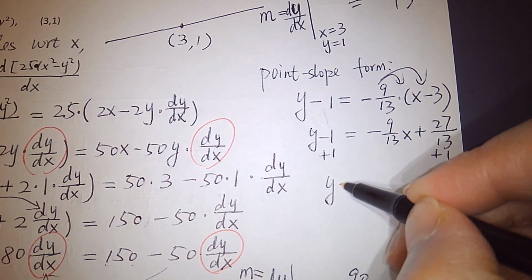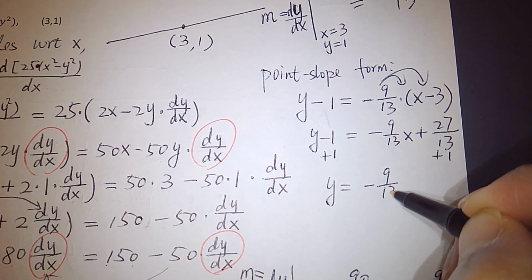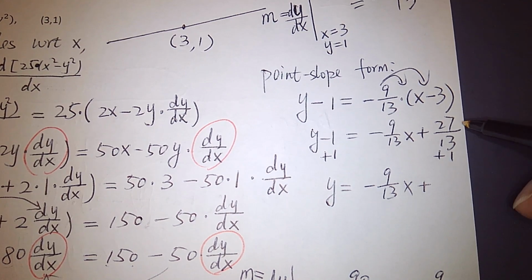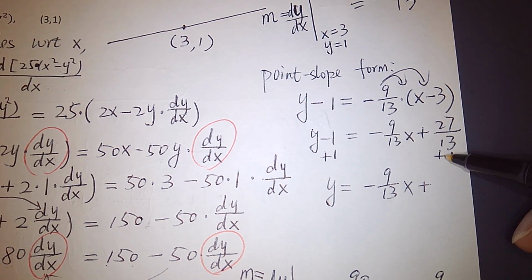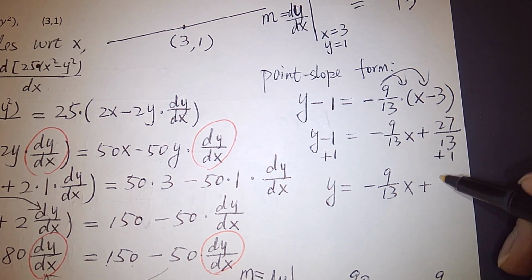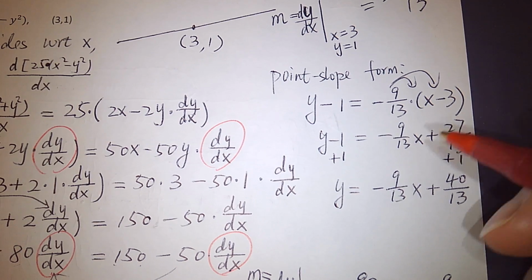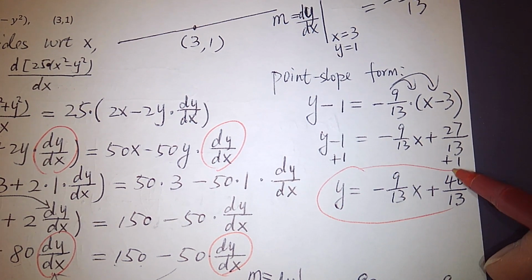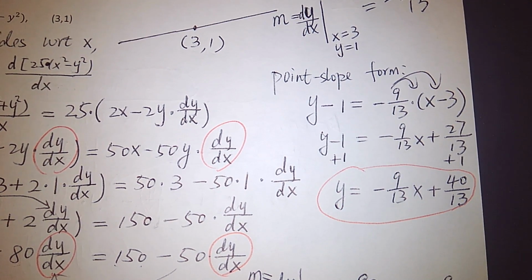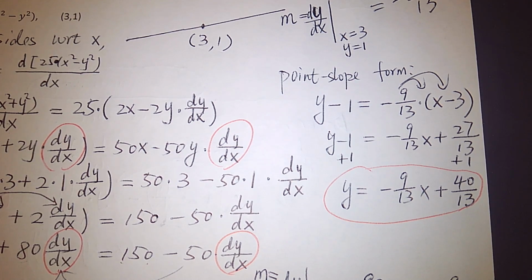So y equals negative 9 over 13 x plus 27 over 13 plus 1. What should we have? 40 over what? 13, right?